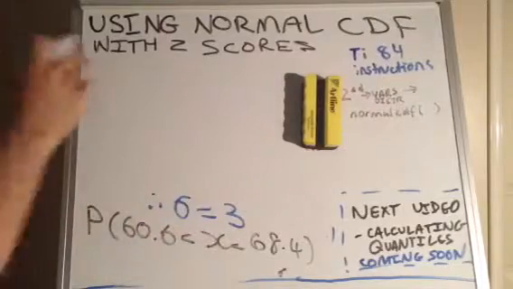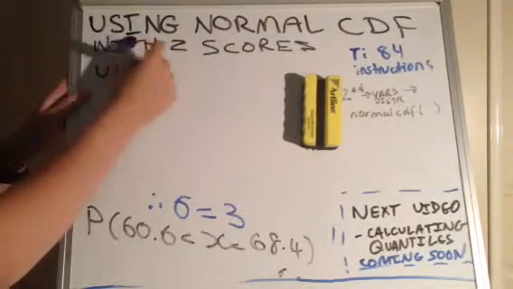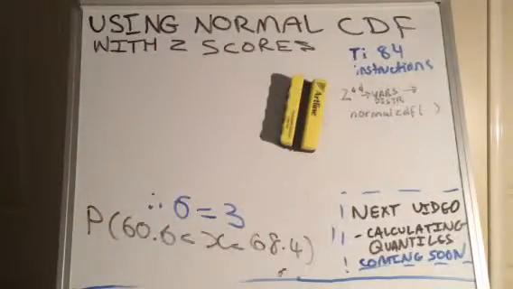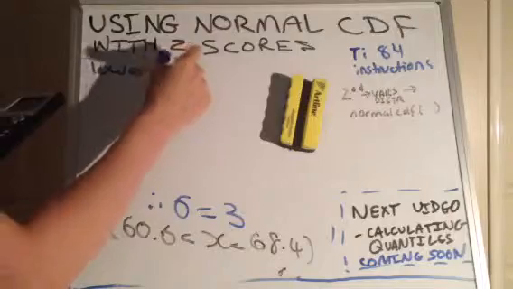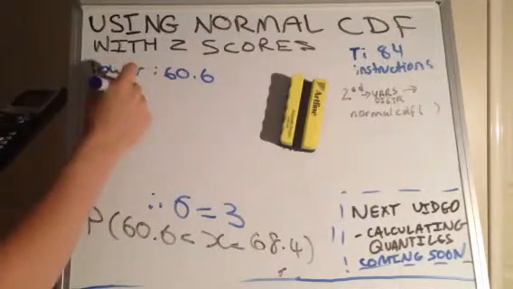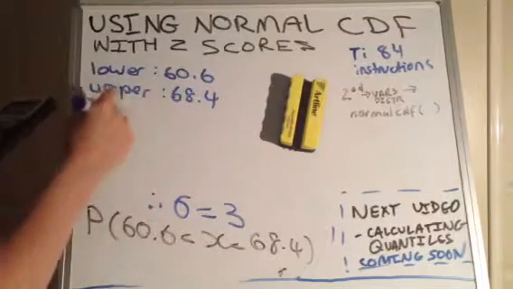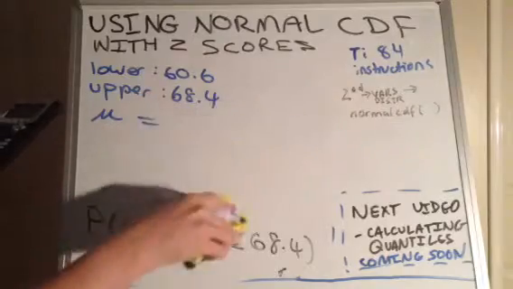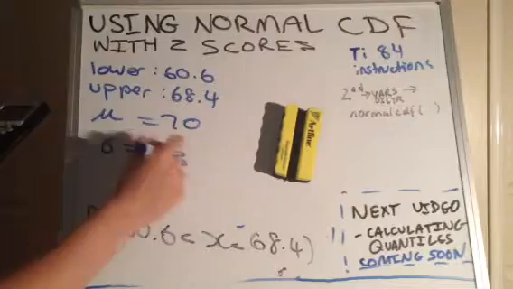If we go into our TI-84, and if you have the new ROM, it starts with lower. So again, second function, distribute. Lower would be 60.6. Upper would be 68.4. Mu, the mean, we had it up before, it was 70. And sigma is equal to 3.